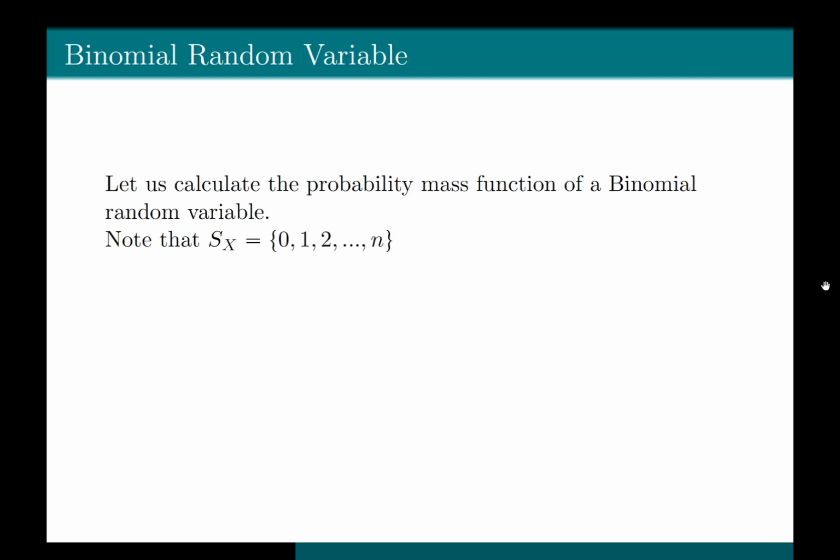So it is very much possible that when you conduct this experiment the first time, you might get a success. When you conduct it the second time, you might get a success again, and you might get a success at each and every trial. So you have n successes because you have a success at each trial. Therefore, in that case, X can take value n.